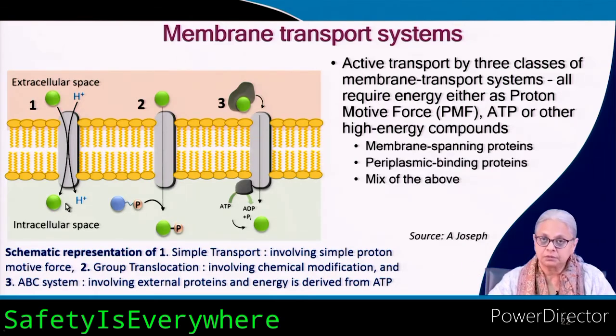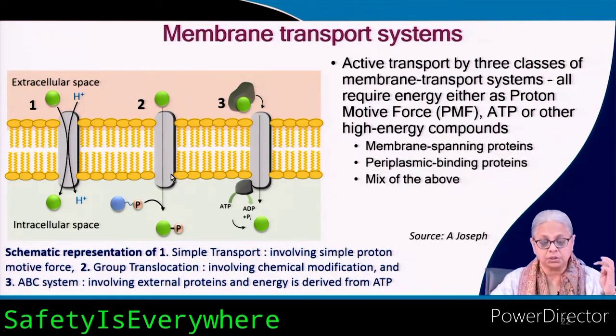That is, along with the dissipation of the proton motive force, you have transport of the substrate. Then you have group translocation. In this case, the best example is glucose 6-phosphate. When glucose has to enter the cell, it cannot just freely diffuse into the cell. It comes in, it gets what we call phosphorylated, it's converted to glucose 6-phosphate, and then it comes in.